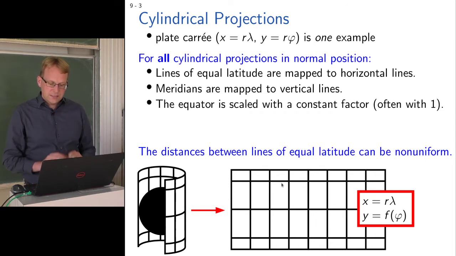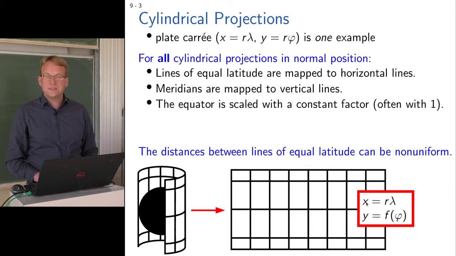And what we can see here is, however, that first of all, every point on the same meridian, so with the same lambda value, will receive the same x value, and therefore indeed meridians will be mapped to vertical lines. That we can see from the first equation. Then the y coordinate depends only on the latitude phi.